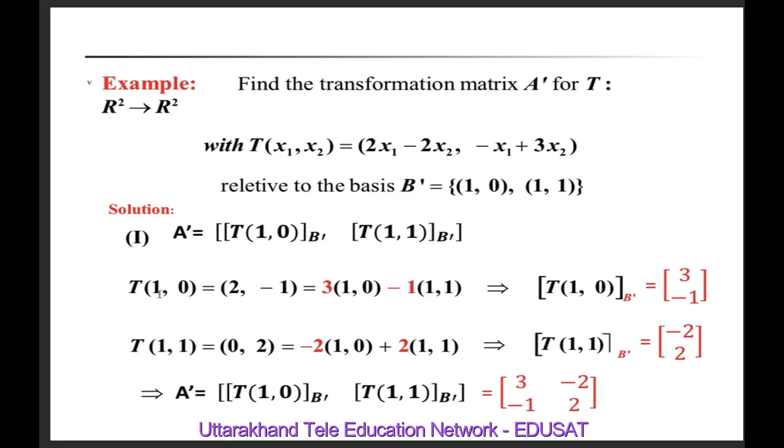So we substitute x1 equal to 1 and x2 equal to 0 in the given transformation, and we get 2 and minus 1. Now the basis is (1, 0) and (1, 1).